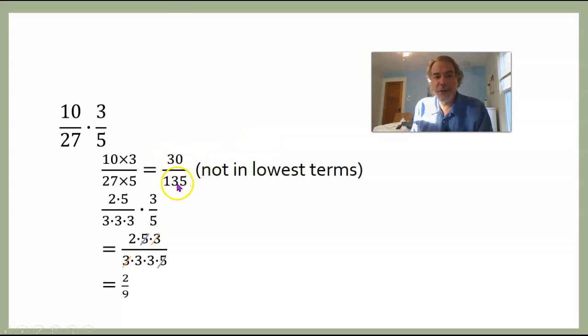That's equivalent to 30 over 135, but we divided by 5 and then by 3 on top and on the bottom. So this is the approach we're going to take, but the fractions we're going to work with are not just numbers, they're fractional or rational expressions involving variables.